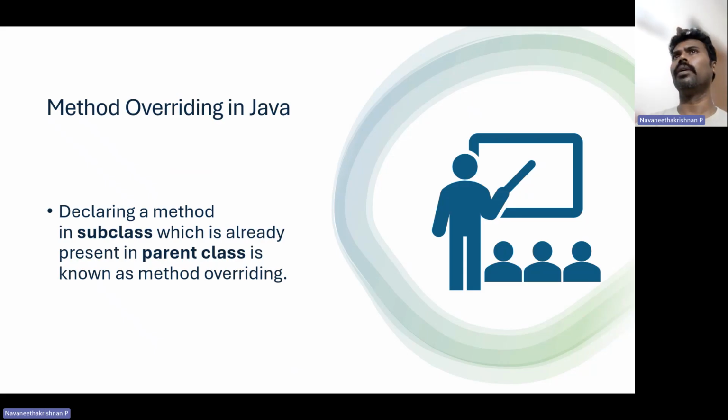You can use the method from the parent class, and you can rewrite that functionality. Say, for example, father and son. Father and son have the same functionality, but father will do it in one way and son in another way. Father earns money, the son also earns money. Earning money is a functionality for both, but the way the father earns is different from the way the son earns.